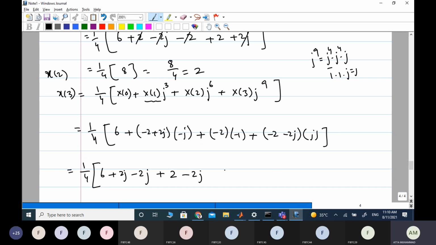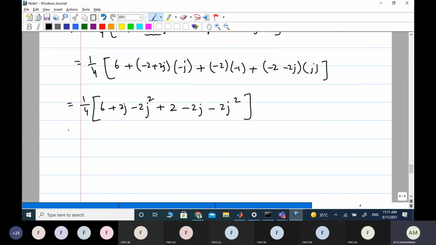And now you can see, from minus into minus plus 2j, and plus into minus minus 2j square. So that's what I was thinking, minus 2, and we have minus 2j, and we have plus into minus minus 2j square, right. So this is 1 by 4, and we have 6, minus plus 2j and minus 2j get cancelled. We have plus 2 minus 2. Now j square is minus 1.